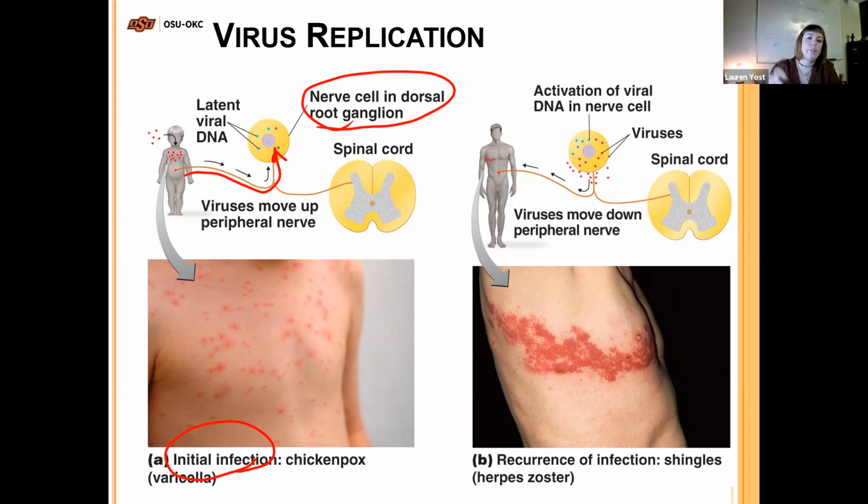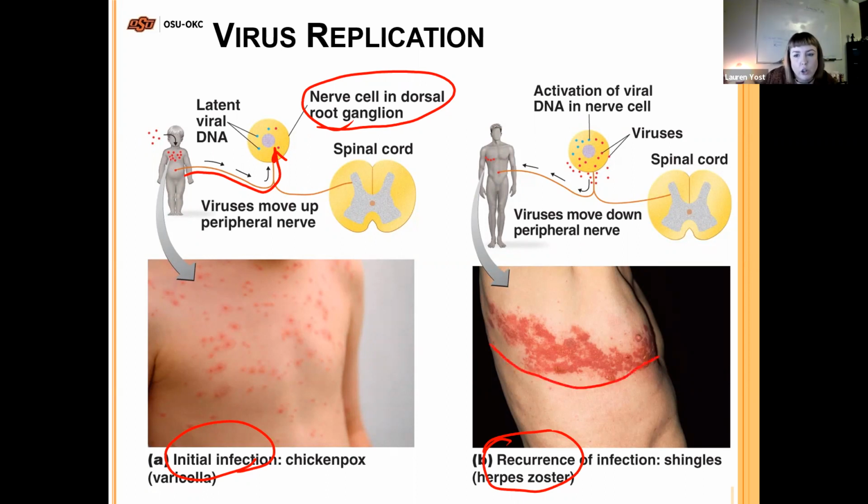Then later in life, when your immune system starts failing you for whatever reason, or you get in a car accident and your body is stressed out, shingles can pop up. So now we've got a recurrence of the same infection that you had before. It's the same exact virus, just popping back out now that it's not being contained by your immune response as it normally would.